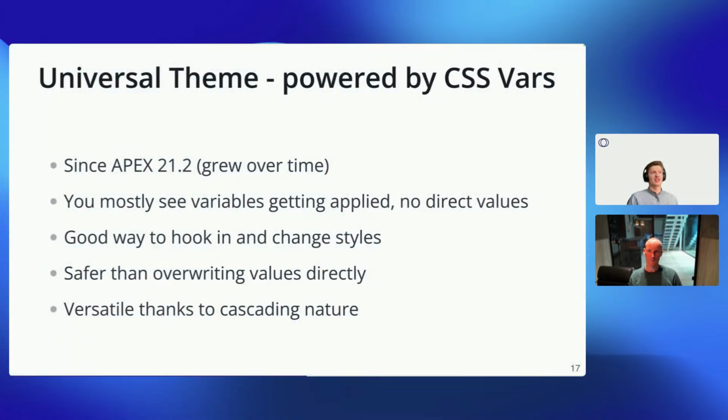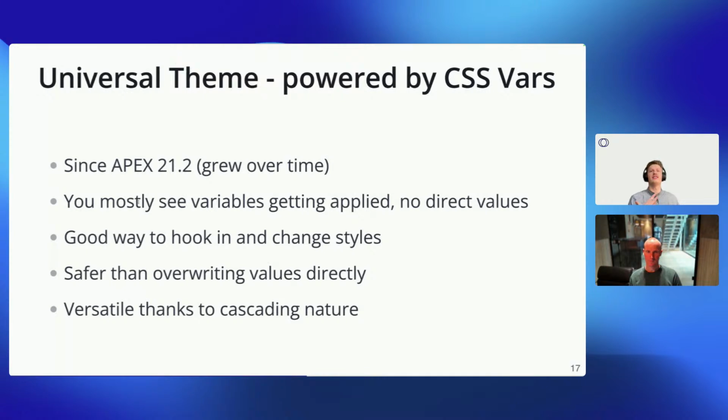Yeah, since Apex 21.2, so quite a while now, Apex is heavily using CSS variables, and it's not just 21.2 and then it's done. In each new release, it gets extended a bit. So nowadays, if you look in the Chrome DevTools on elements, you don't see colors getting applied to things.